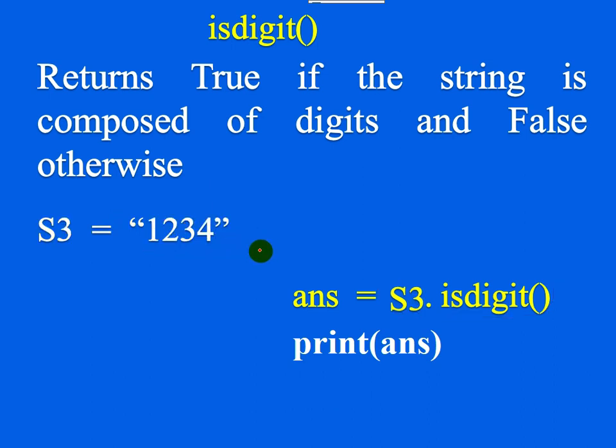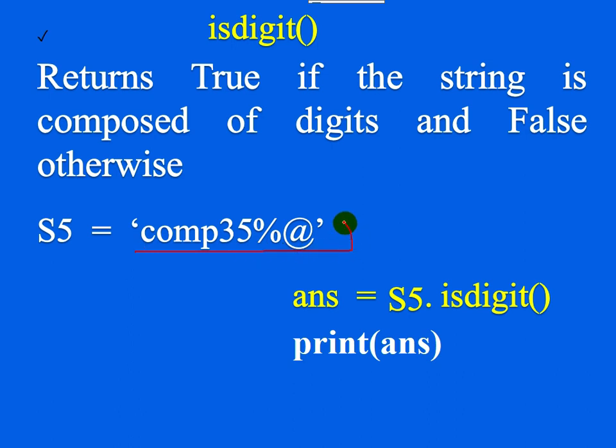Again, if I write s3 equal to string 1 2 3 4, and if I write s3 dot isdigit, what answer does the function return? This time the answer is true, and the reason is the string is completely composed of digits, only digits are there. Yes. Now it's an empty string, and if I write s4 dot isdigit, the answer is false, not even one digit is there. If I write s5 equal to this string, and if I write s5 dot isdigit, what answer will you get?